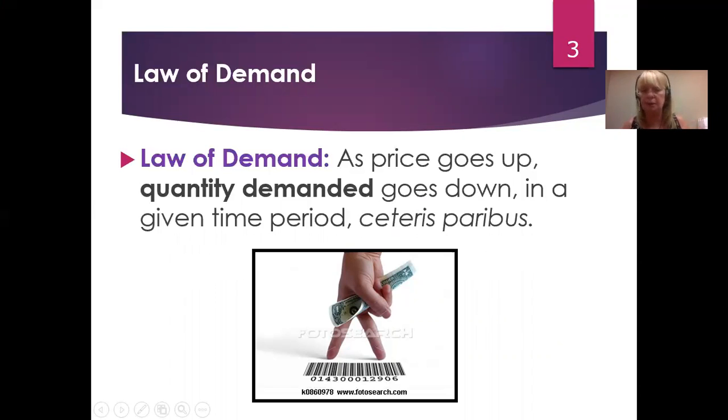Ceteris paribus means simply all else equal. It means the only thing we're changing is just the price. Everything else stays the same. And so, as price goes up, quantity demanded goes down, provided that we're in a particular time frame and provided that everything else stays the same.